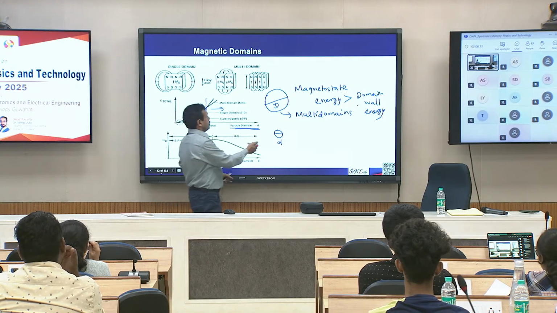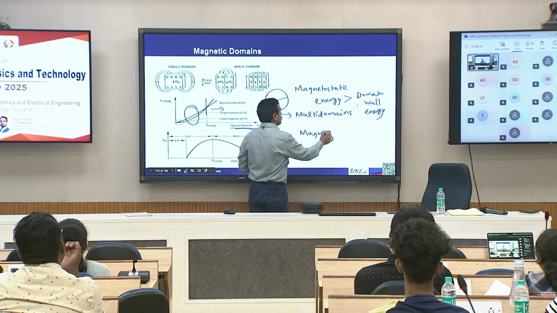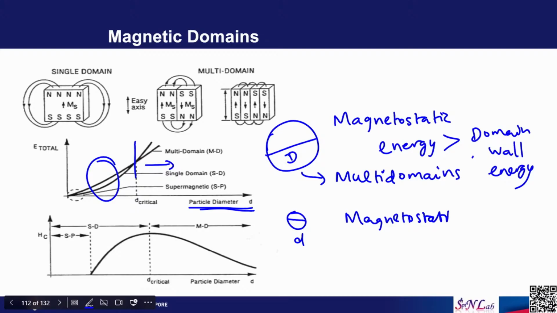In this case the magnetostatic energy will not be very high. Actually, it will be lower than the energy needed to form domain walls. Suppose the system forms a domain wall, the energy from domain wall formation will be very high. So, in this case the system will not bother, it will not form any domain, it will exist in a single domain state.